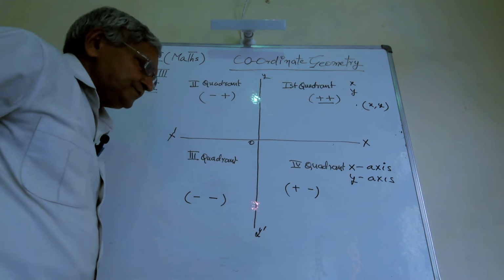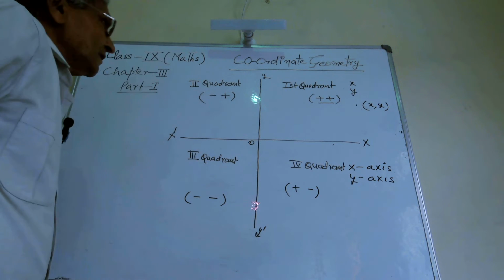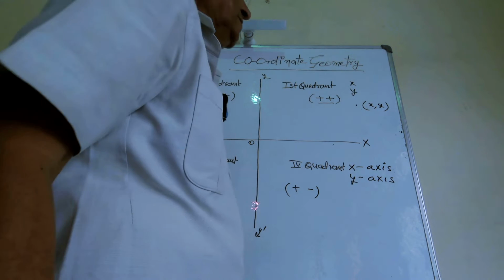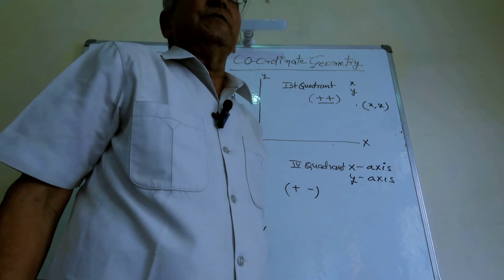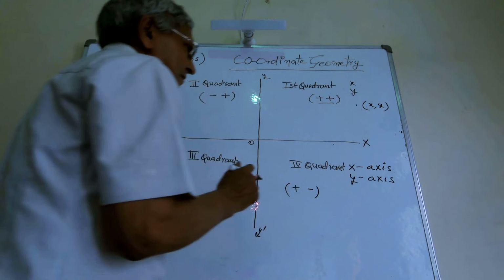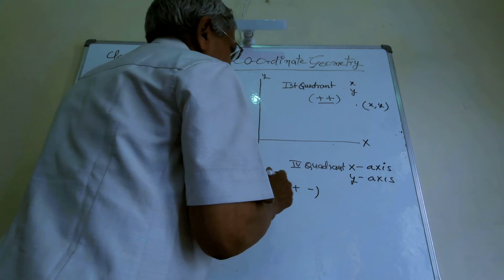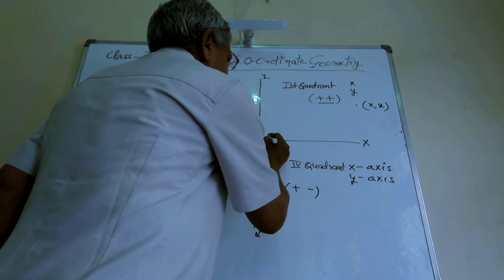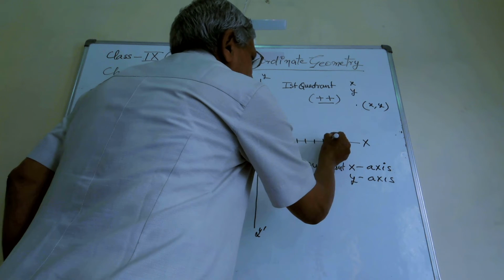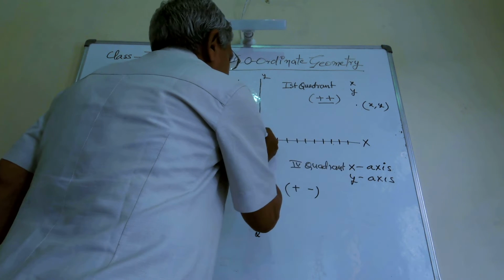Now we will discuss how to find the position of any point in this plane. Divide this line into 10 parts: 1, 2, 3, 4, 5, 6, 7, 8, 9, 10.